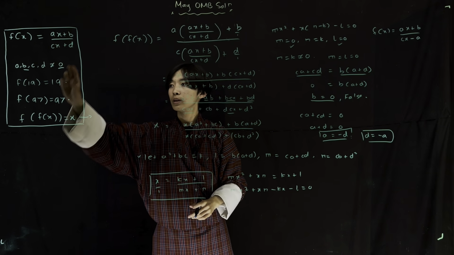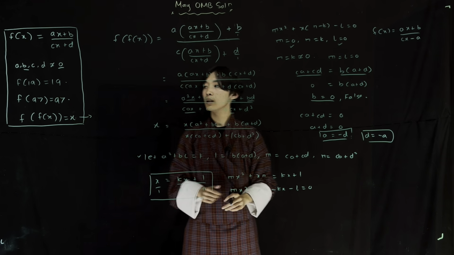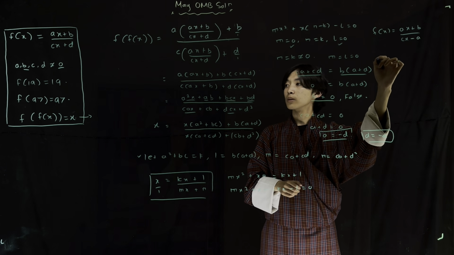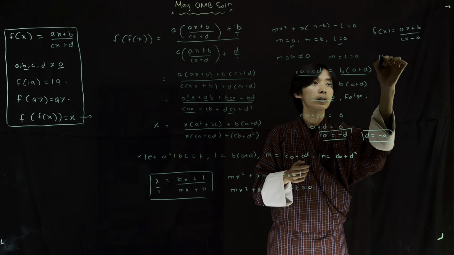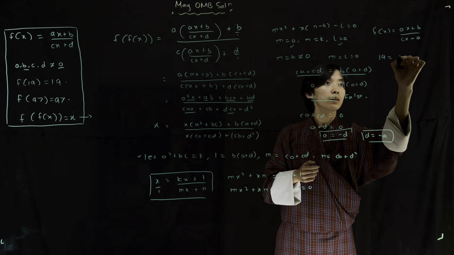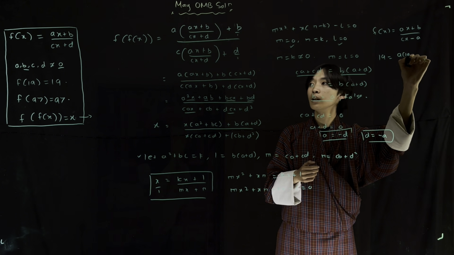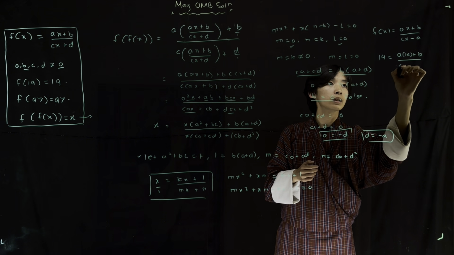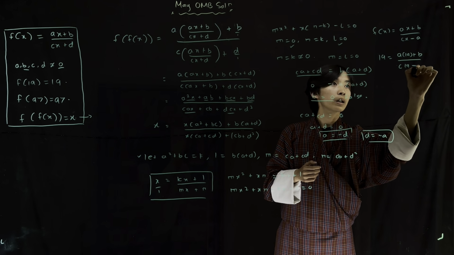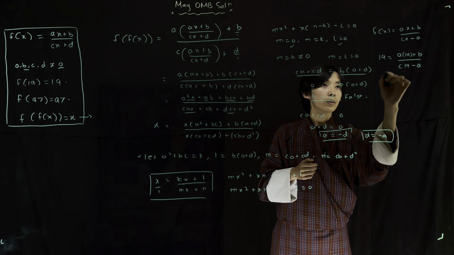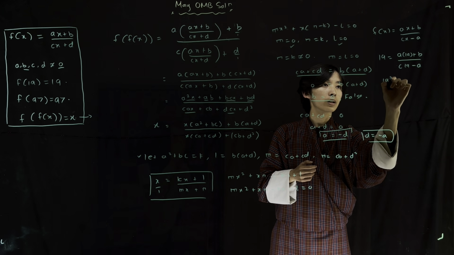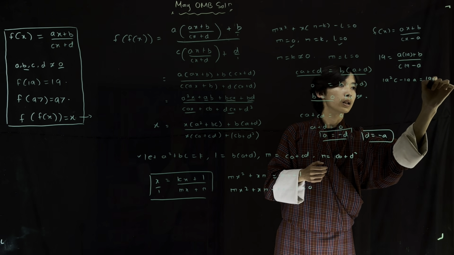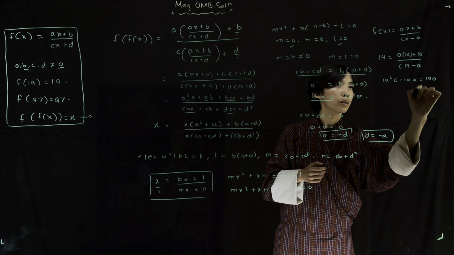Now we can use the help of these two functions given here. So we can write f of 19 is equal to 19 only. So we can write 19 is equal to a times 19 plus b, whole divided by c times 19 minus a in this case. So we'll get 19 square c minus 19a, which is equal to 19a plus b.